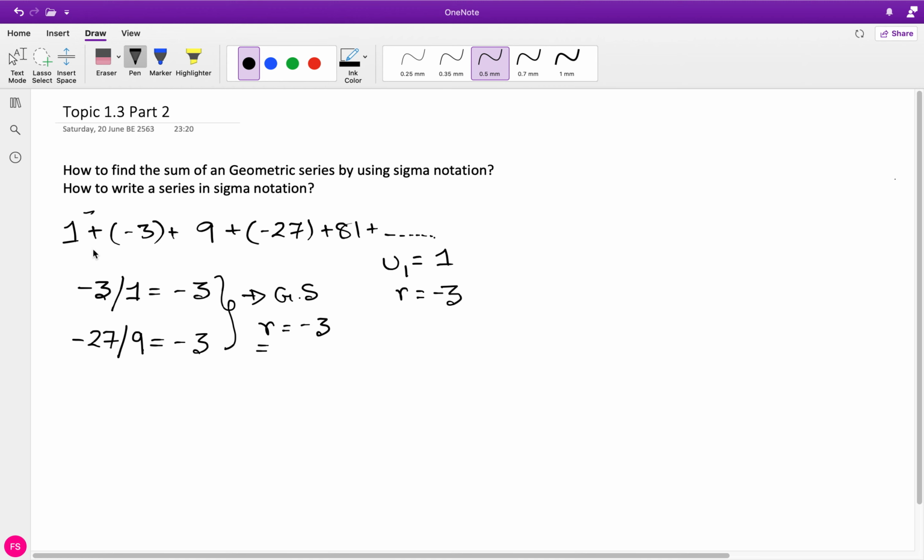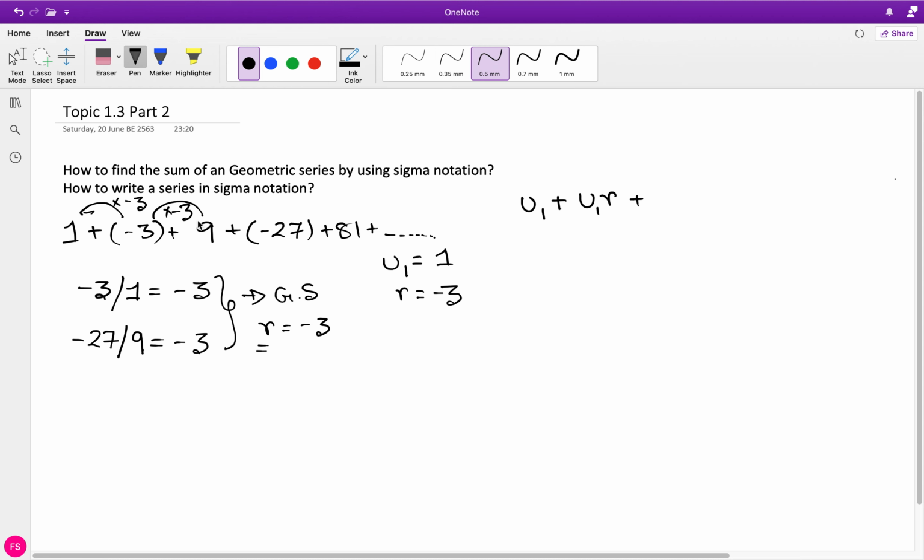You can see that the first term is just U1, and to get to the next term, you have to multiply by -3, which is the common ratio. To find the second term, you need to multiply the common ratio with the first term. So you will have U1R. Plus, if you want to find the term after this, you also need to multiply by -3.